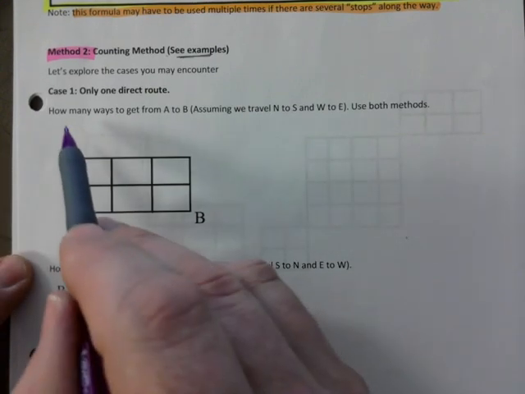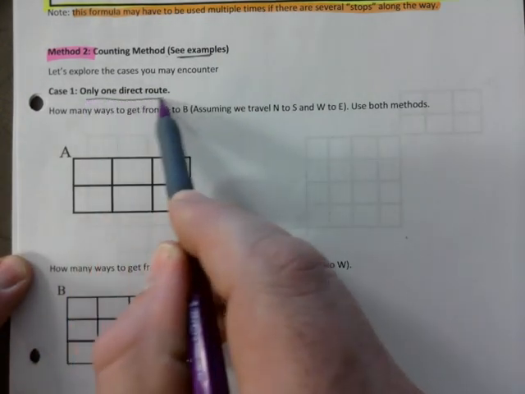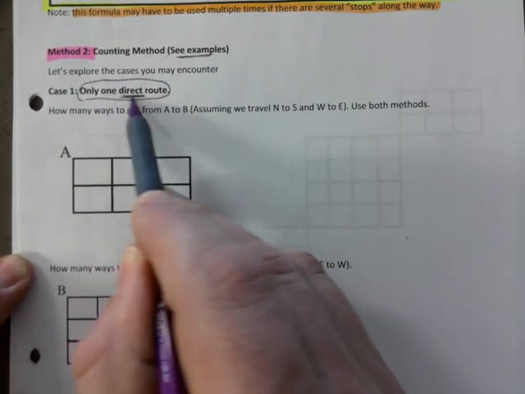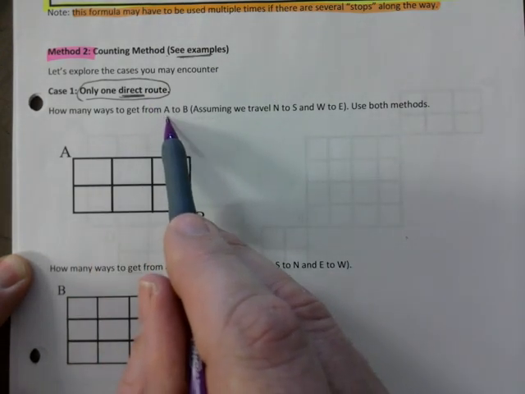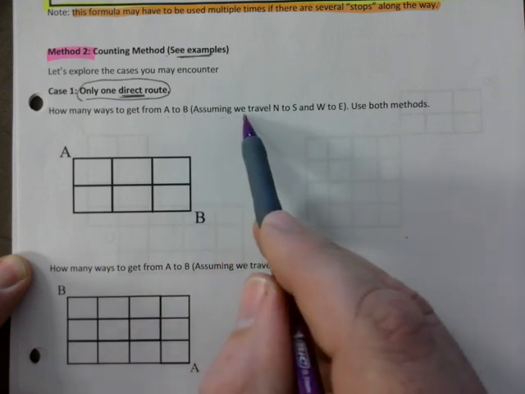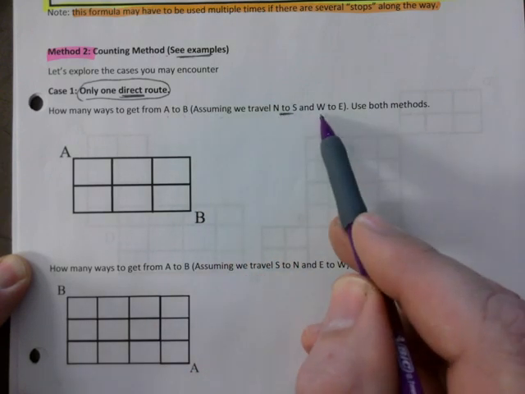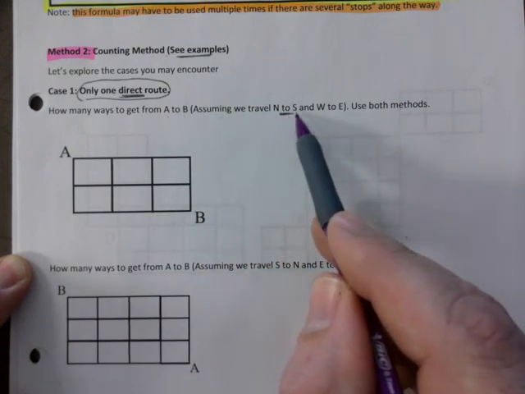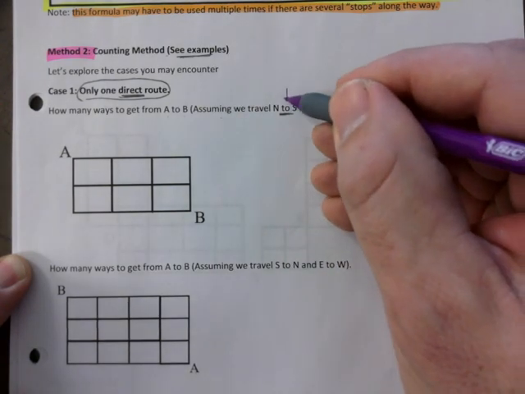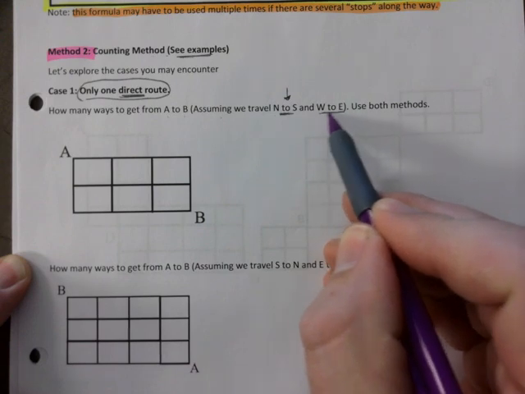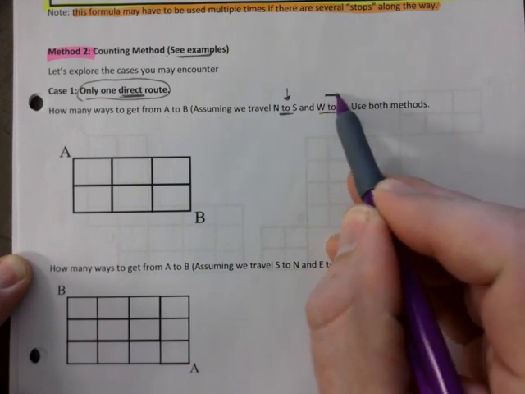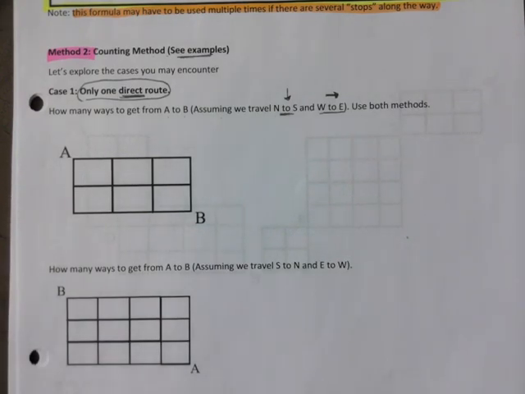So for example, you have something like this, only a direct route. There's a direct route from A to B. How many ways can you go from A to B, assuming we travel north to south, so you're always going this way, always, and west to east. So your options are going down or going to the right. That's all you have here. Use both methods.